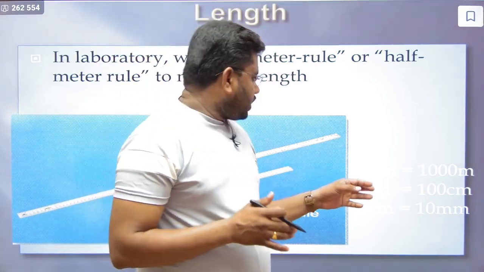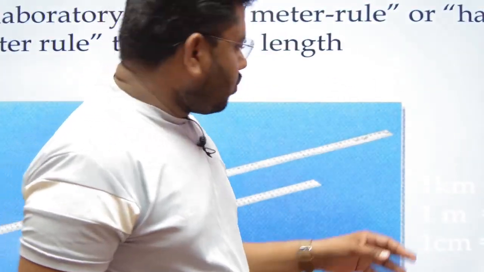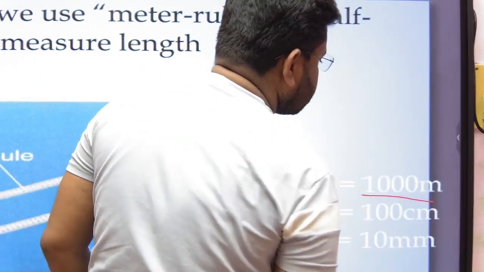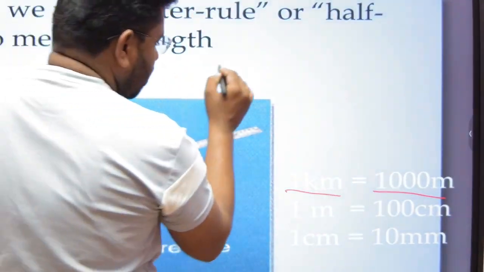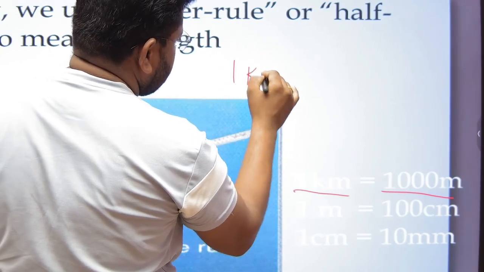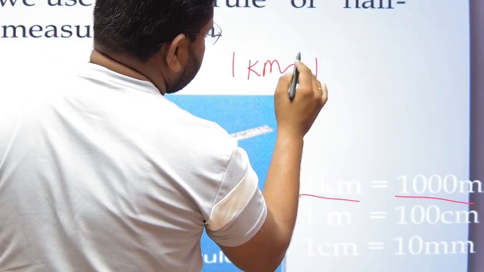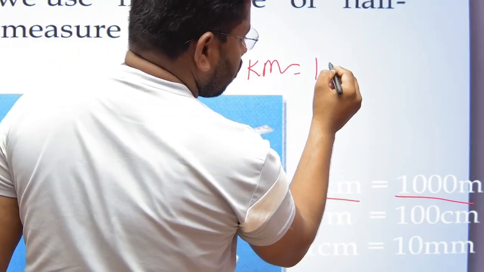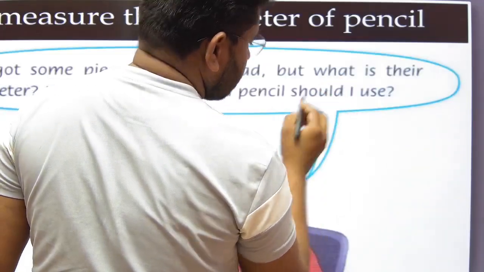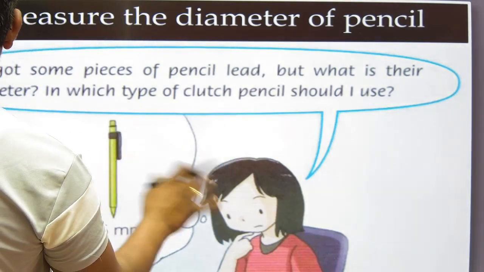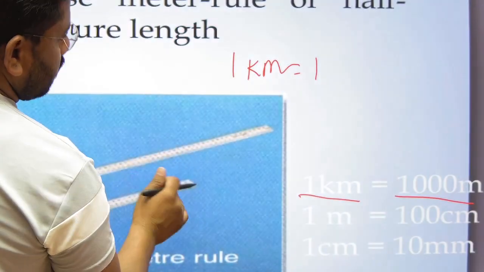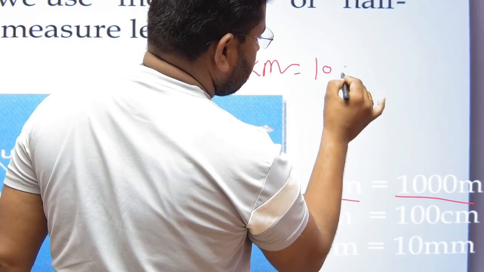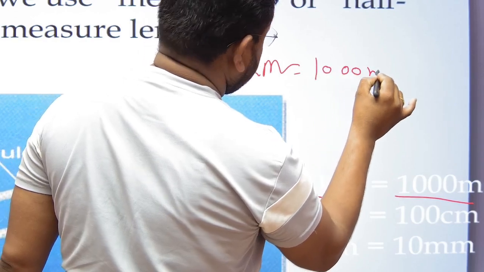So in our day to day life, 1 kilometer is equal to 1000 meter.